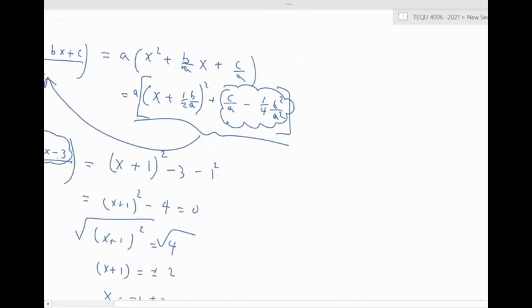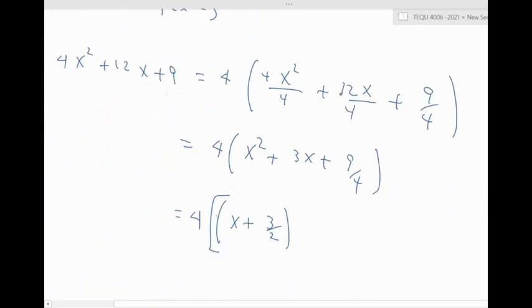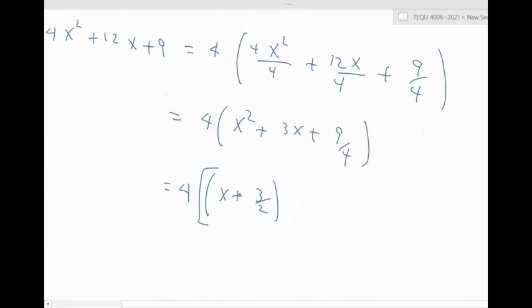I already divided the whole expression by a, and that's where the 3 comes from, 12 over 4. Now, all this part, x plus 3 over 2, has to be squared, plus 9 over 4, minus this part here, which also has to be squared, minus 3 over 2 squared. Close this bracket here. This parenthesis goes with that.